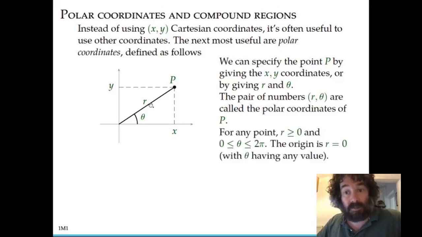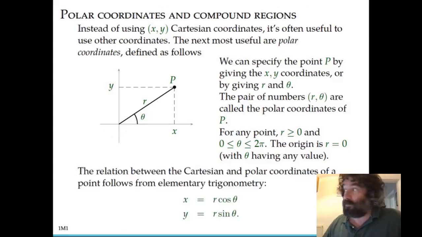In order to describe a point, of course, the distance from the origin r will be greater than or equal to 0, and r equals 0 will correspond exactly with the origin. And the angle theta, made with the positive x-axis, is going to be greater than 0 and less than or equal to 2 pi, corresponding with turning all the way around, the angle that goes all the way around and approaches the x-axis from below.